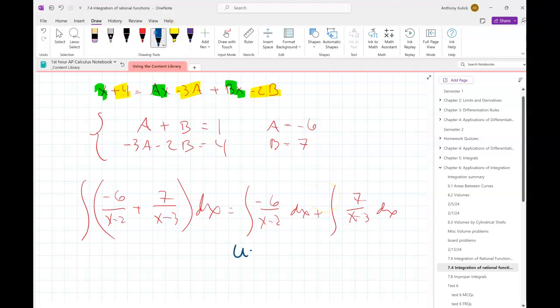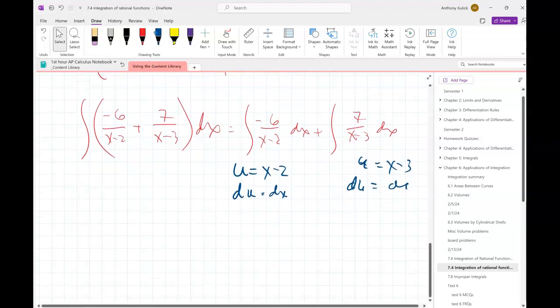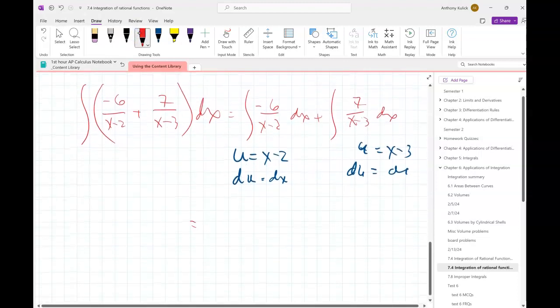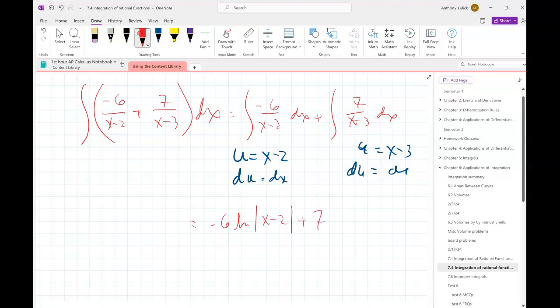And I can just u sub each of them separately. So I get negative 6 natural log absolute value x minus 2 plus 7 times natural log absolute value x minus 3 plus c.